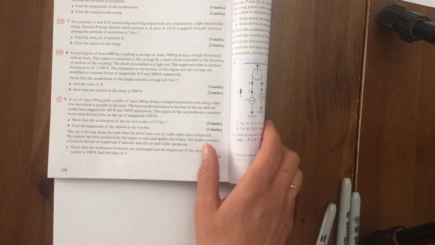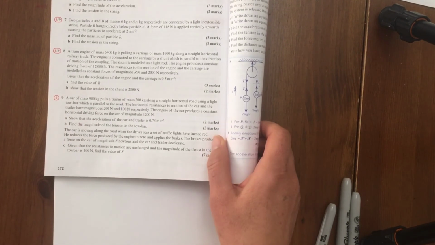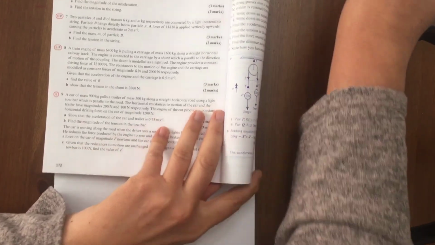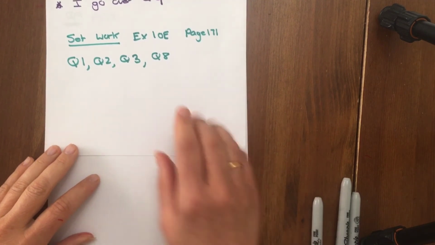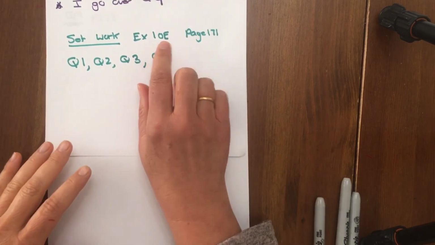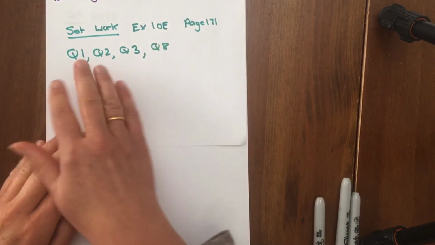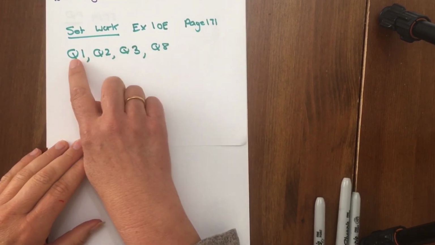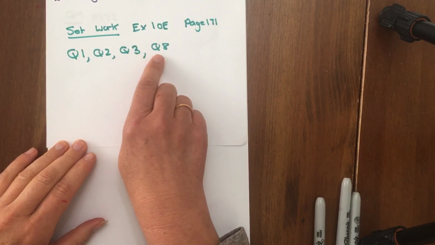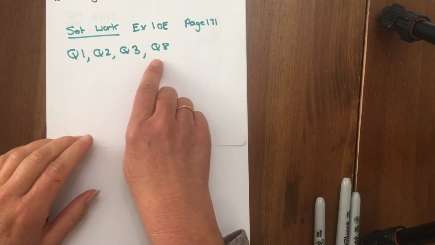Okay, so the questions I would like you to do for exercise 10E, this is part 1, remember I've only looked at horizontal motion, on page 171 is 1, 2, 3 and 8. 4 questions.